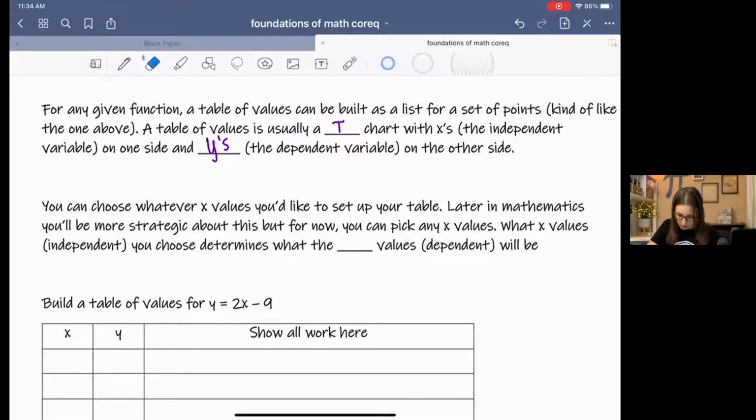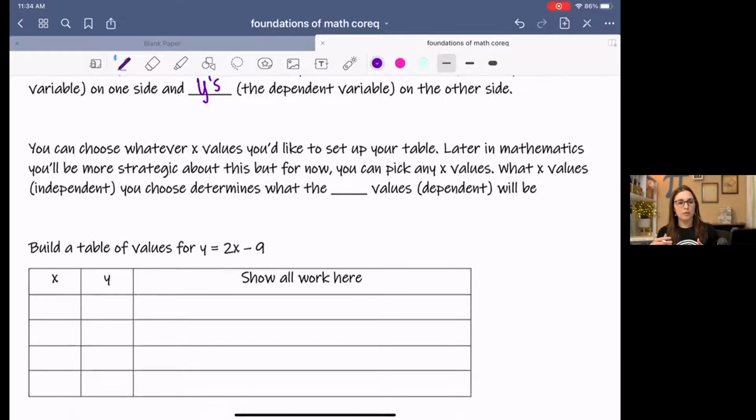There we go. If you're building a table of values, you can choose whatever x values either make sense to the problem or are in the domain, or if you don't have to look at that specifically, then you can just choose whichever x values you want. I did mention x values within the range or the domain of the problem.